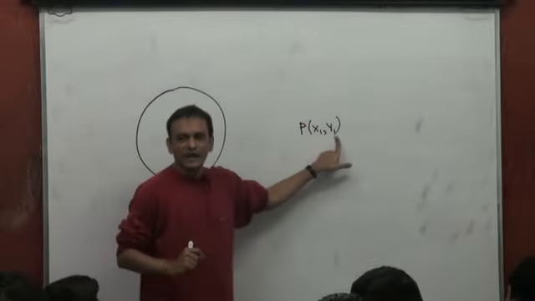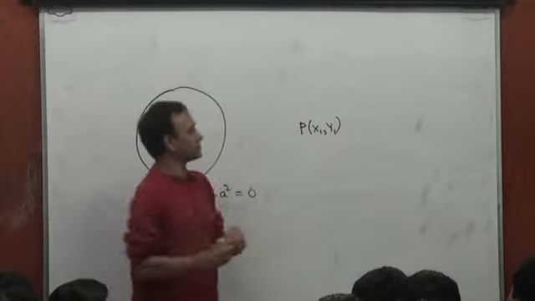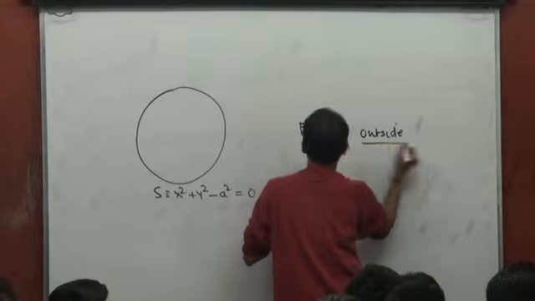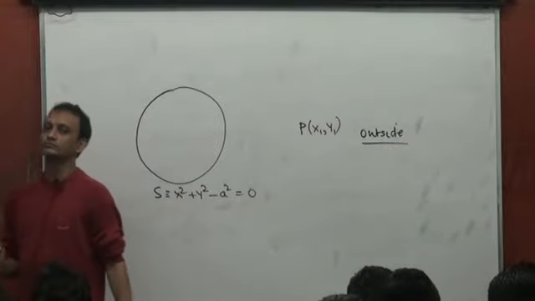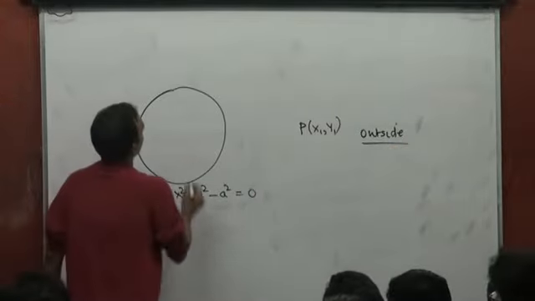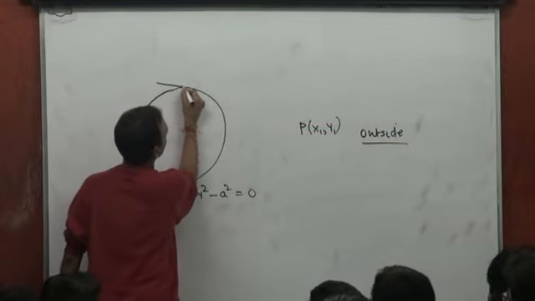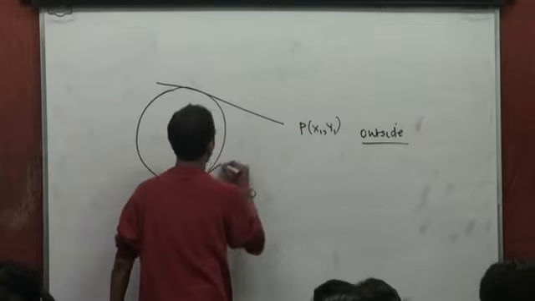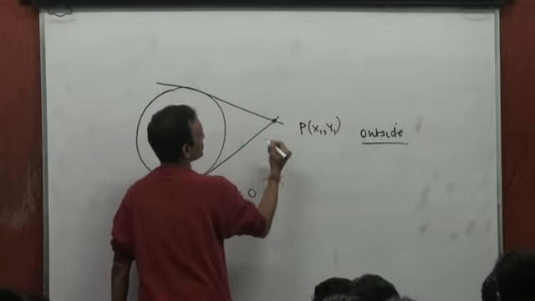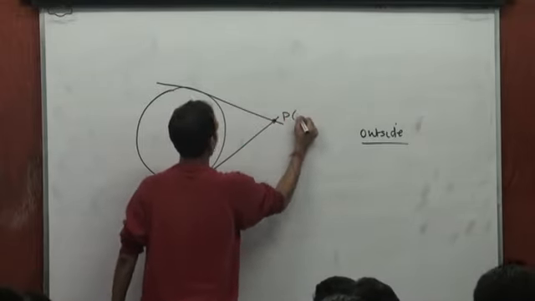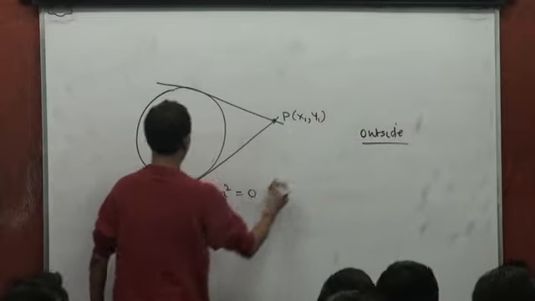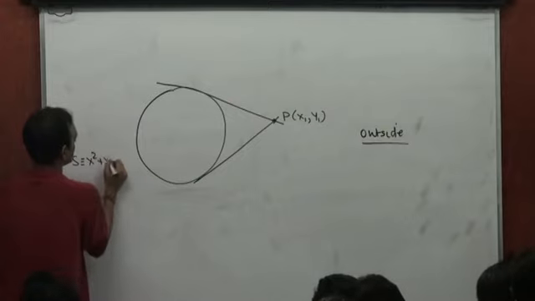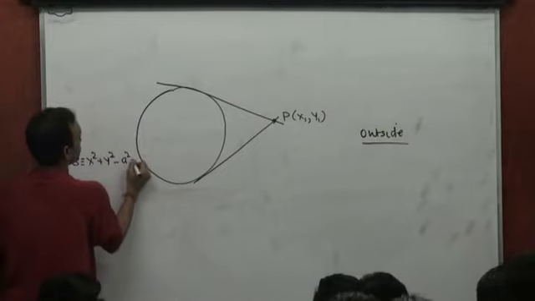Now, there is a point P, x1, y1 outside the circle, right? So, this is the point P, x1, y1, and the two tangents are drawn to the circle S, which is x squared plus y squared minus a squared equal to 0.